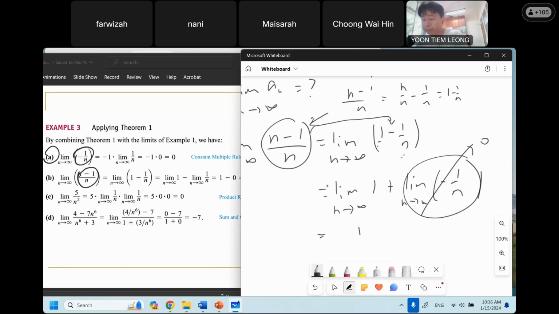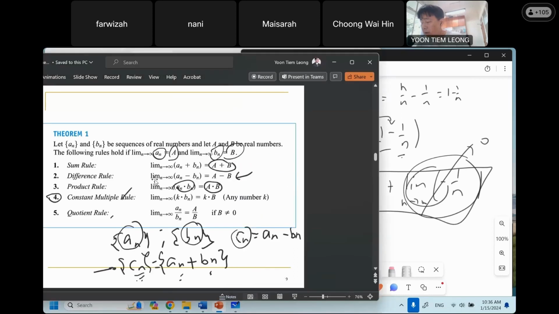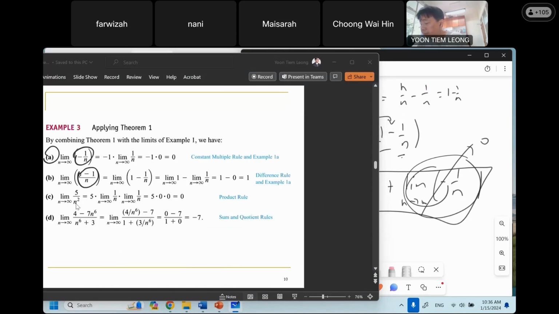So when I write down equation number 2, where I split the limit into the sum of two limits, I am using the sum rule. I just split the sum of two terms into the sum of the two limits separately. So that is how I perform the calculation for example B.